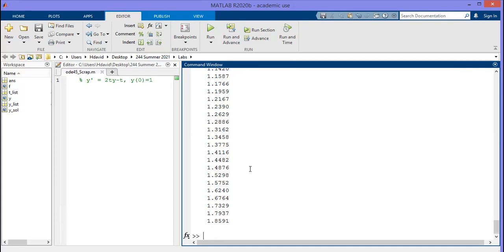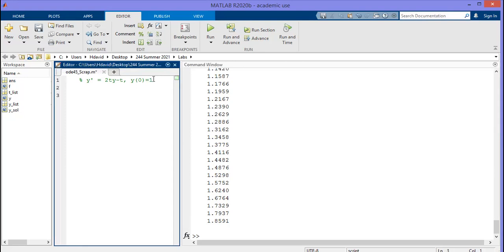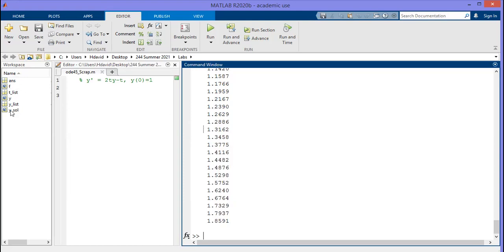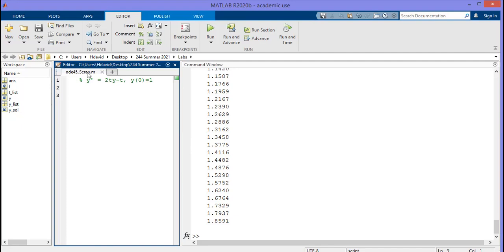So how about we go over here to this script and we start plotting some stuff. So this right here is a script. And what it is, it's just a whole bunch of code that MATLAB is going to run all at once. So basically, I'm running it over here in the command window, storing things in the workspace over here. But as long as I don't write clear all or something like that, where I clear everything out that I've already done, it's still going to assume that all that's been done.